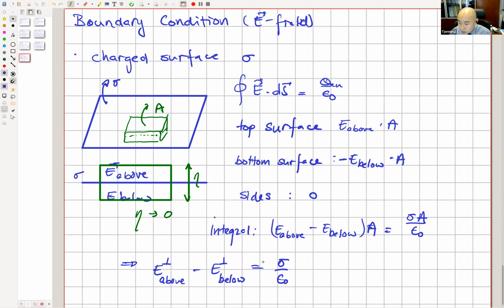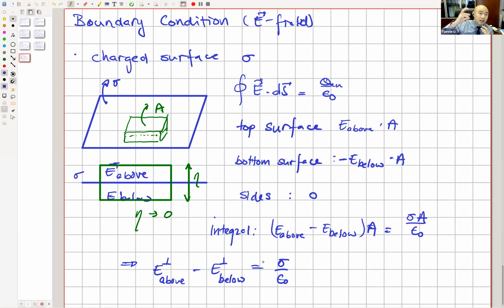Pun Shen Chi is asking, is it assumed that there's some external field? Well, the field is generated by sigma in this case. So there's some charge density at the surface. If you think about it, this is a common situation where I have some surface where I know what the charge density is.